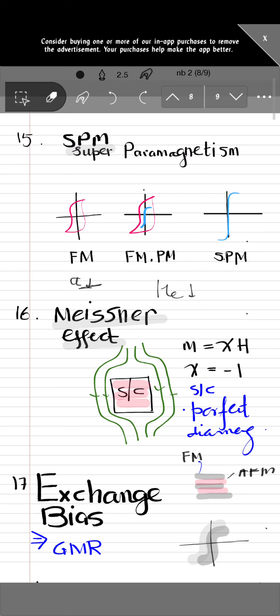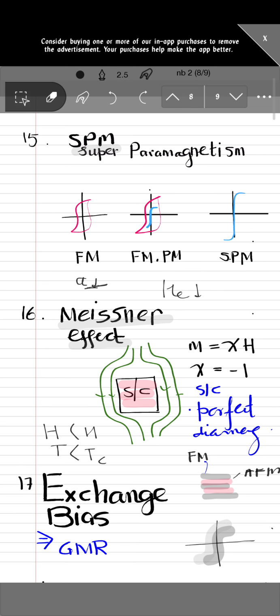Superconductors, if they are put inside a magnetic field, show total exclusion of the magnetic field, provided the temperature is less than the critical temperature and the magnetic field is also less than the critical magnetic field.